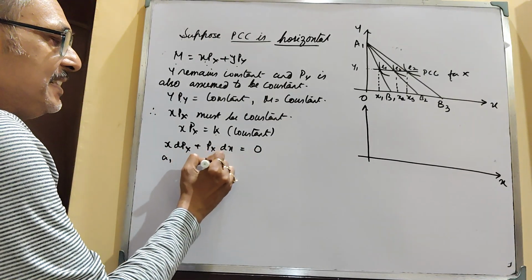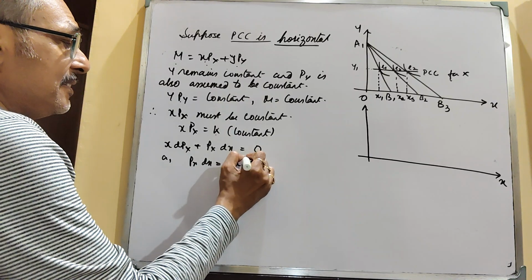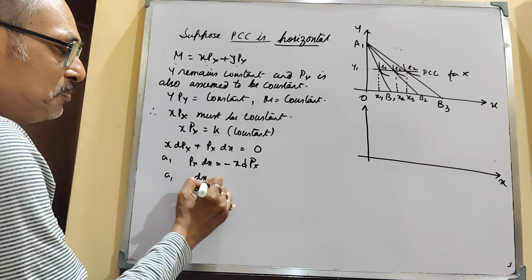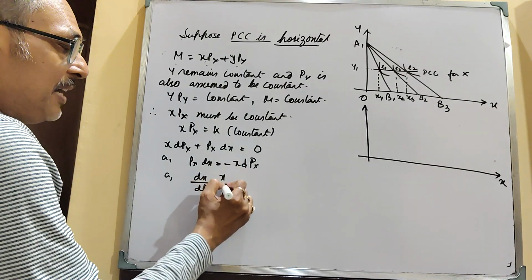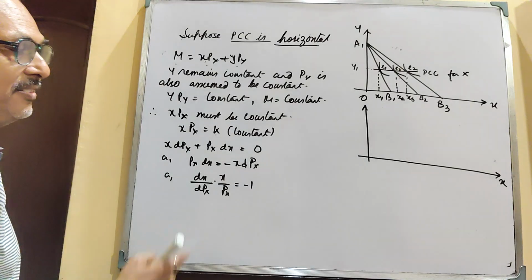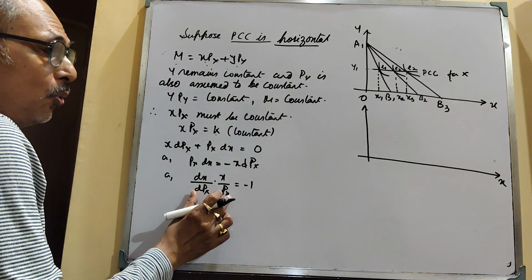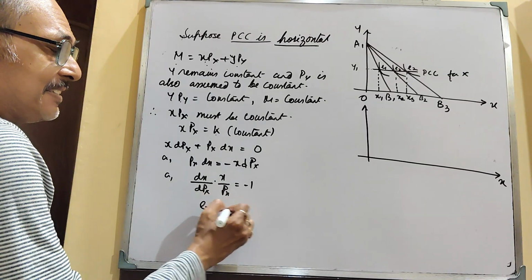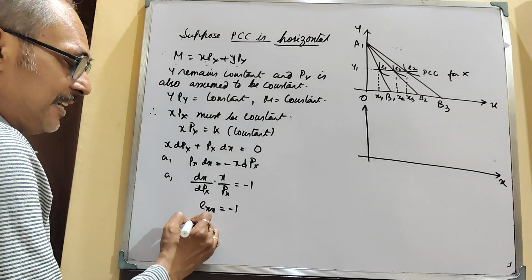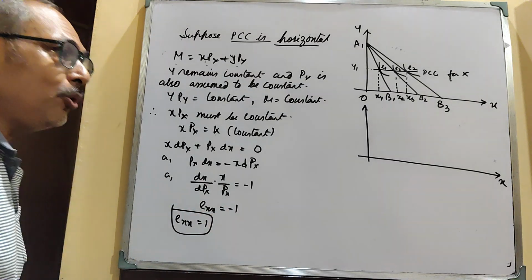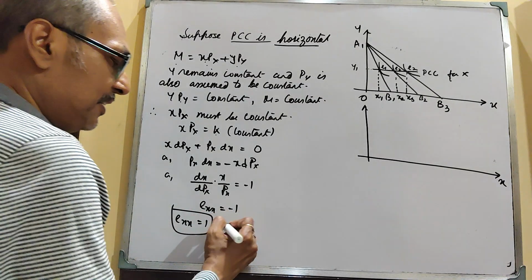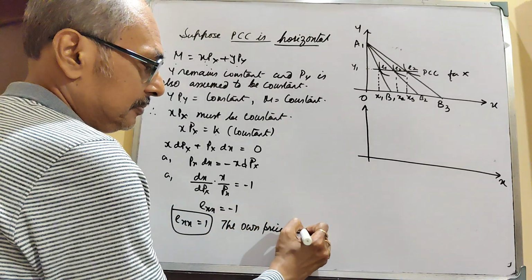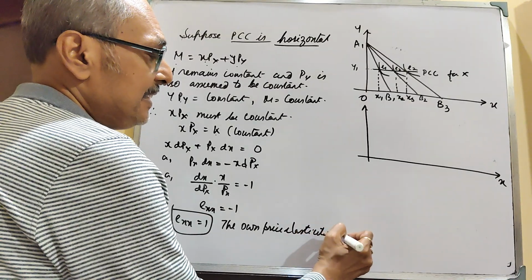Or px dx equals minus x dpx, and dx by dpx into px by x equals minus 1. This is the own price elasticity. That is Exx is minus 1 or mod Exx is 1. Therefore, the own price elasticity is unity.